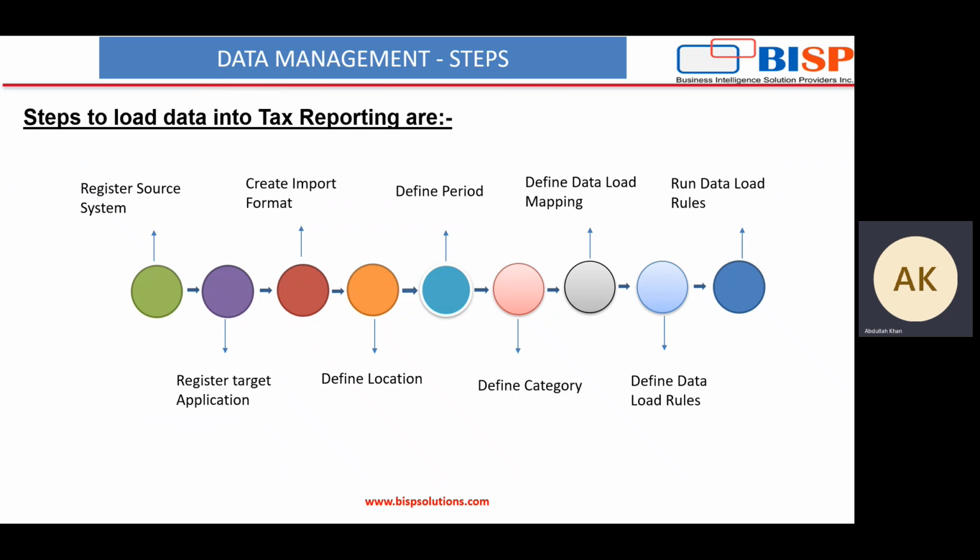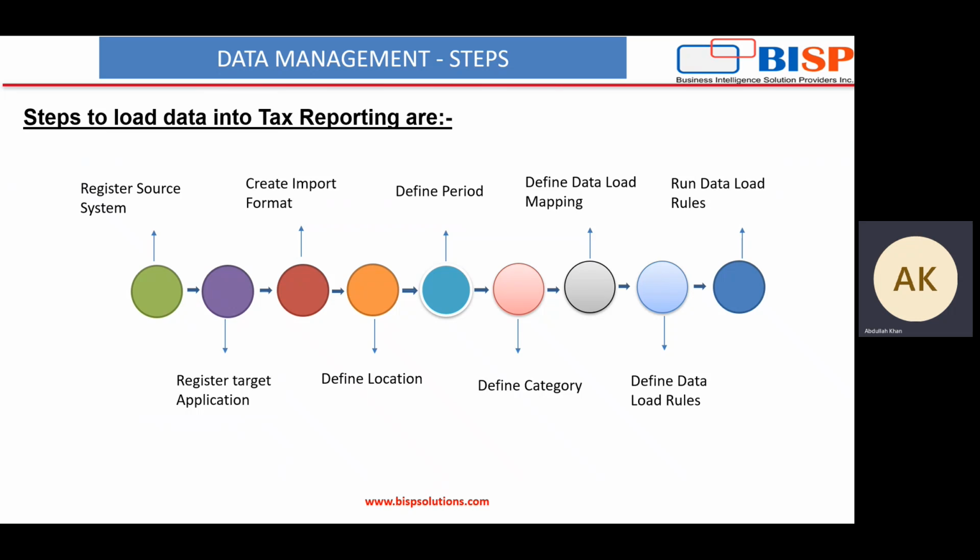We can then define the mappings for the data load. We can provide multi-dimensional mapping or like-to-like mapping in the data management tool. Once we are done with the mapping, then we can create a load rule for the particular format and run the data load rule to import the data from data management into the TRCS application.